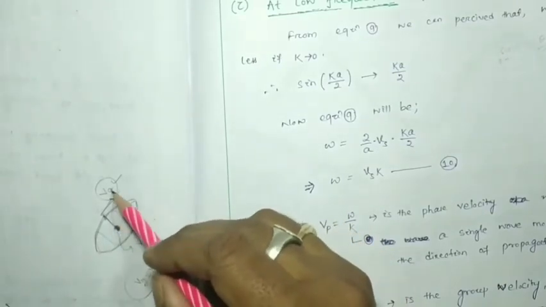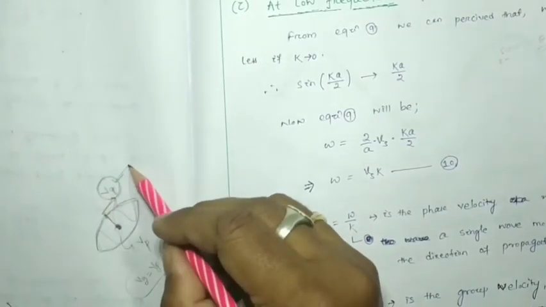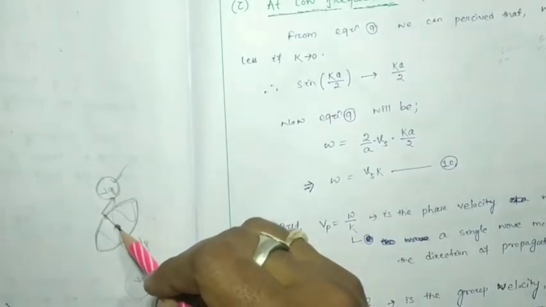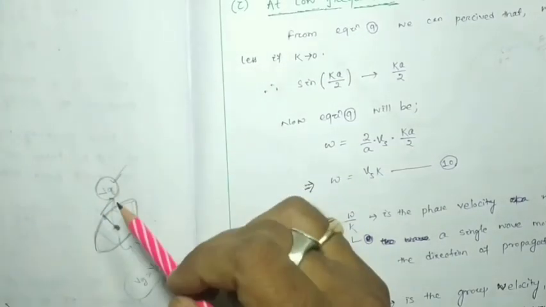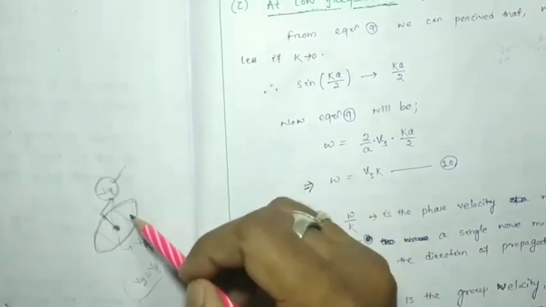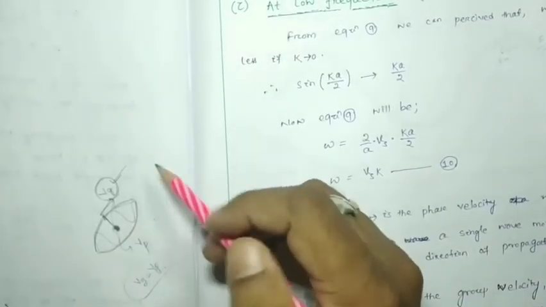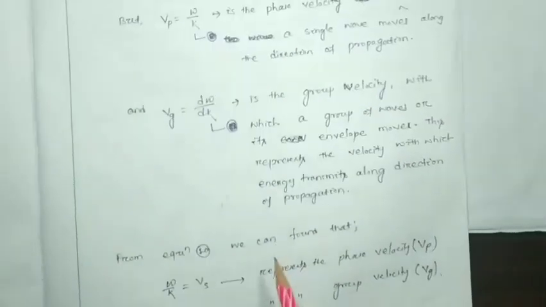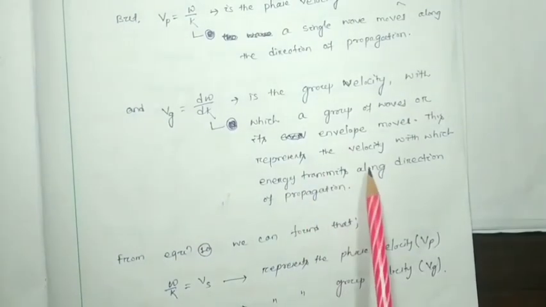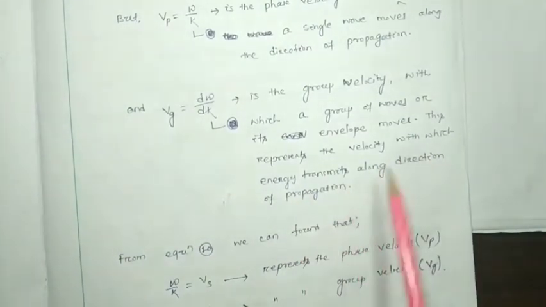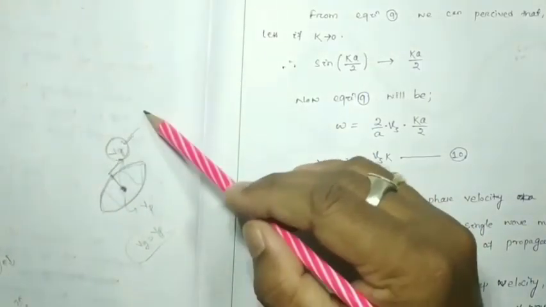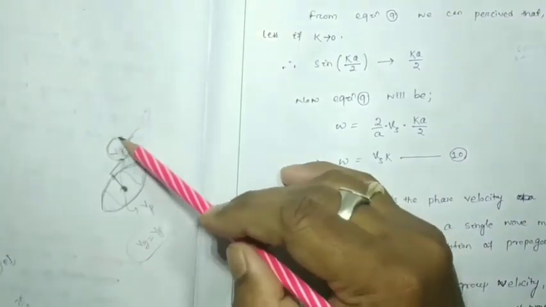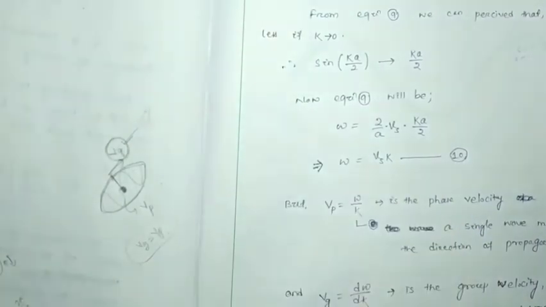So this group velocity represents the velocity of the particle, that means the mass is transported from one place to another, or we can say the energy is transported from one place to another. So, as written over here, it is the velocity with which energy is transmitted along the direction of propagation. If this wave packet is moving, energy also moves with the group velocity. Okay, so from equation number 10.